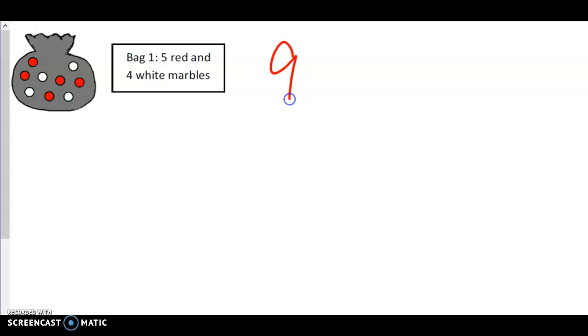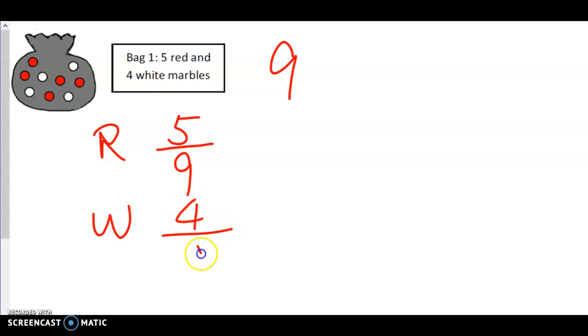And then if I just pick 1, the probability of red will be 5 out of 9. The probability of white will be 4 out of 9. That is the answer if I pick 1 randomly, so there are 2 outcomes. Okay, let's see the next one.